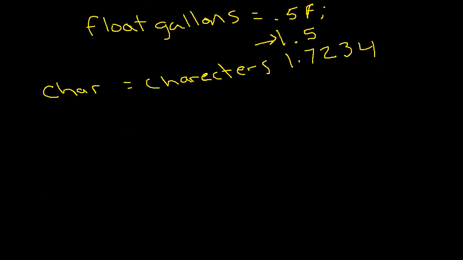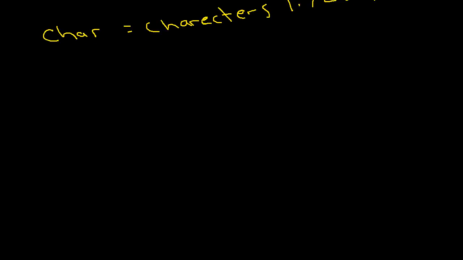So far all we've been representing are numbers, right? But what if you want to represent a grade, right? Like, what if you want to say int grade equals A, right? Well, A is not a number, so it's not going to work. This will cause a compiler error for sure.